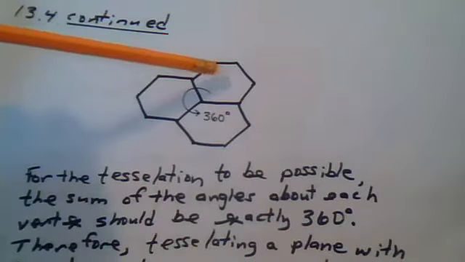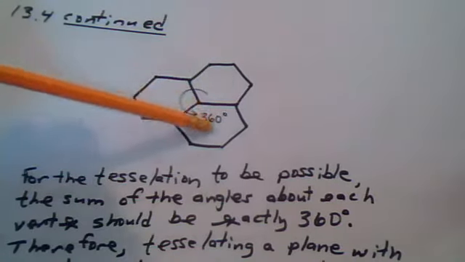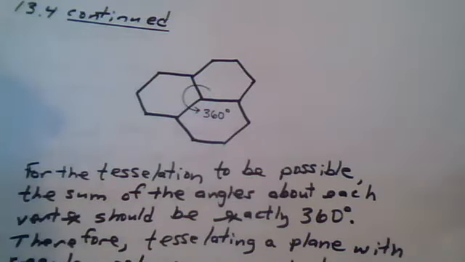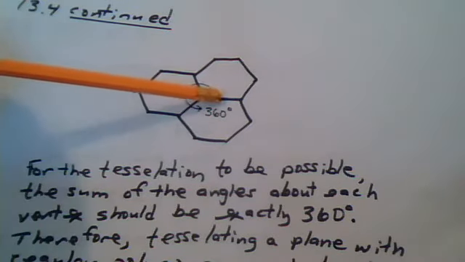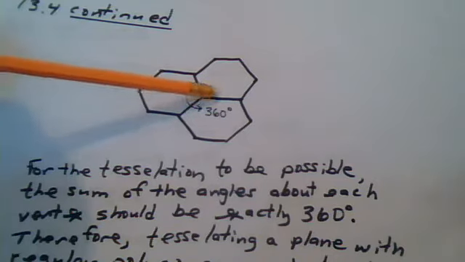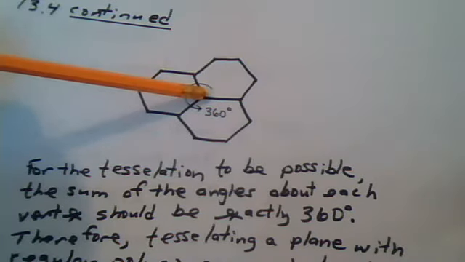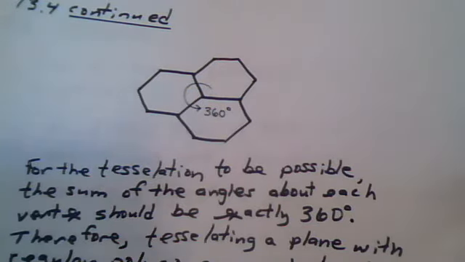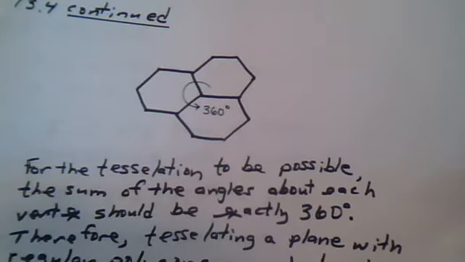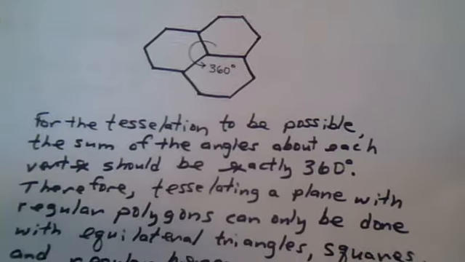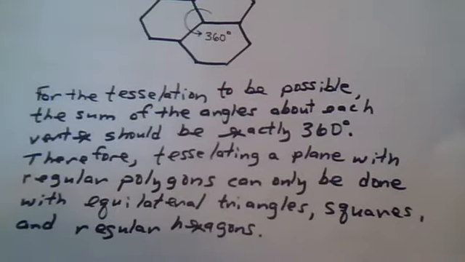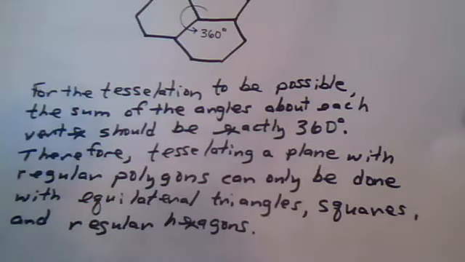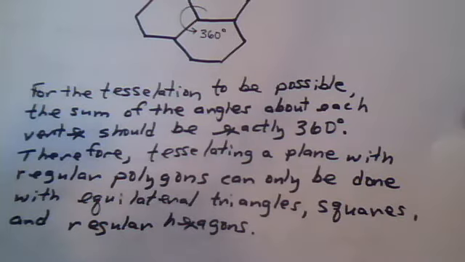The requirement is that if you put polygons next to each other and you don't want gaps or overlaps, then if you add the individual angles about this vertex, this point is called the vertex, they should add up exactly to 360 degrees. For the tessellation to be possible, the sum of the angles about each vertex should be exactly 360 degrees.